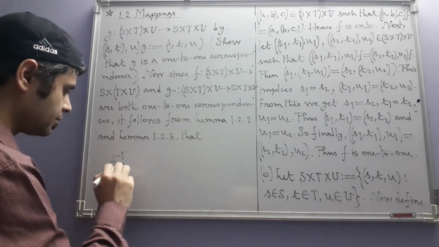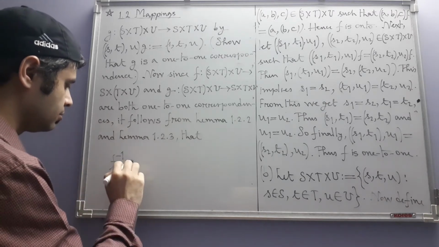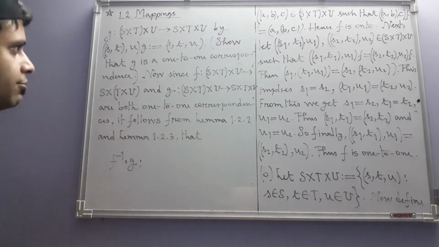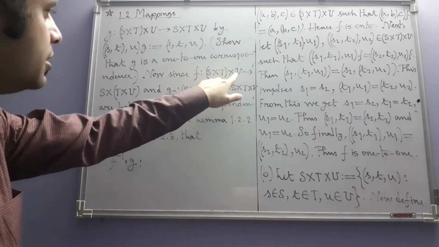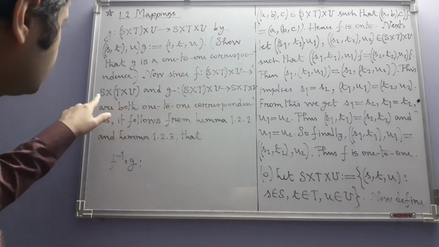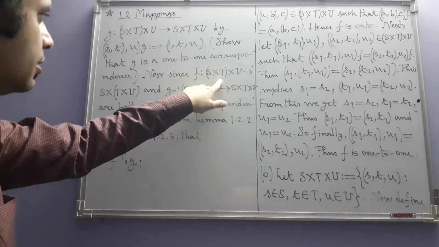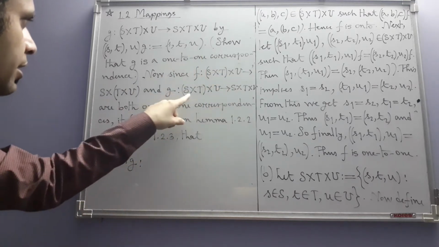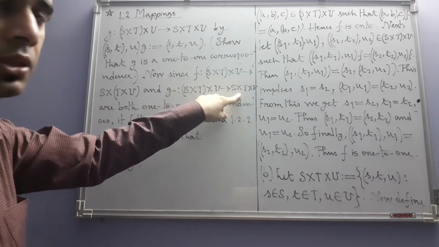F inverse composition G. So F inverse, F takes me from this set to this set. So F inverse will take me from this set to this set, and then G will take me from this set to this set.